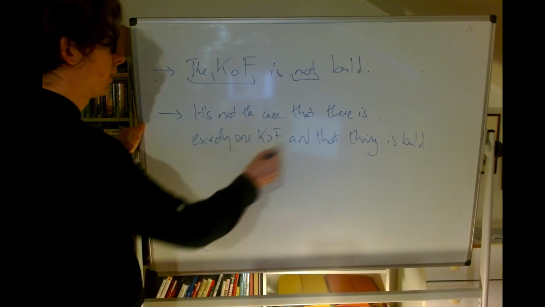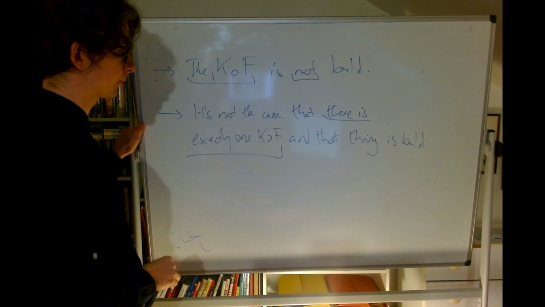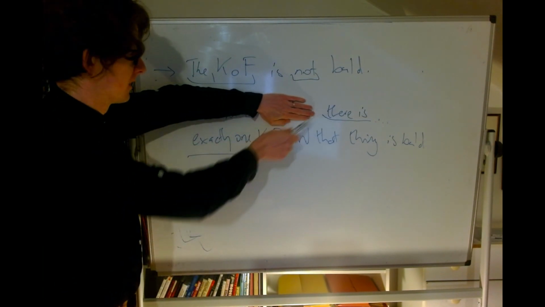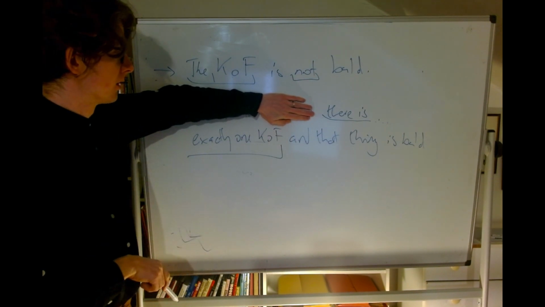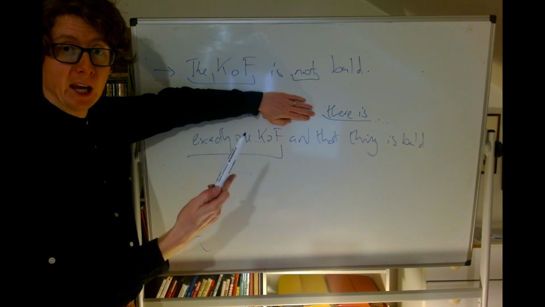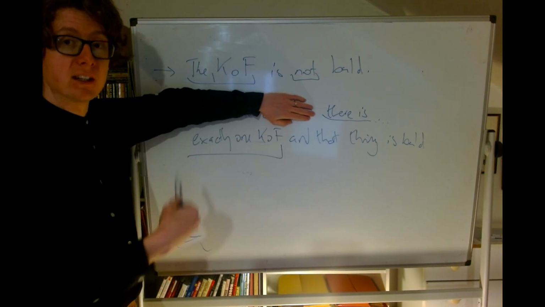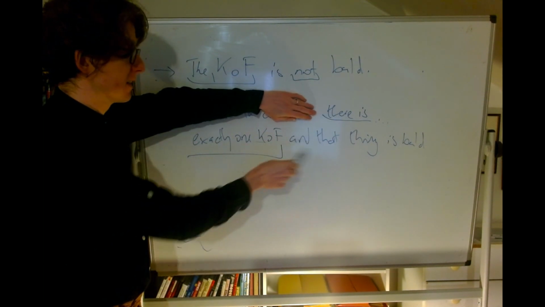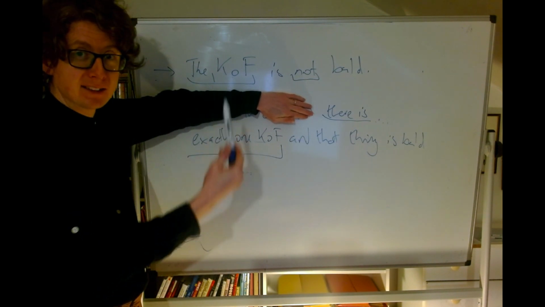And why is that? Well, because this bit is false. This is a conjunction. It says there is exactly one King of France and that thing is bald. But if you have some claim of the form P and Q, where P is false, then P and Q is also false. So it's false that there is exactly one King of France and that thing is bald, simply because there isn't any King of France, so there can't be exactly one of them.